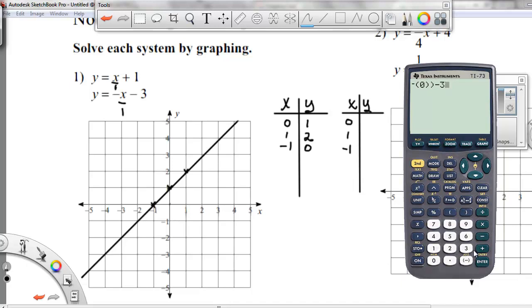Getting a little bit carried away on the 3's. I got two parentheses in there I can't have. Let me see if I can get it out. So when x is 0, y is a negative 3.